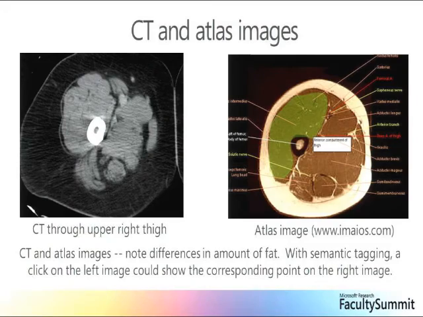But imagine that we'd done this sort of rough localization followed by semantic tagging. You could imagine that here is a scan, a CT scan now, that we're looking at, and here's an atlas image, and I picked them to be corresponding. You notice that first of all, they don't match perfectly.